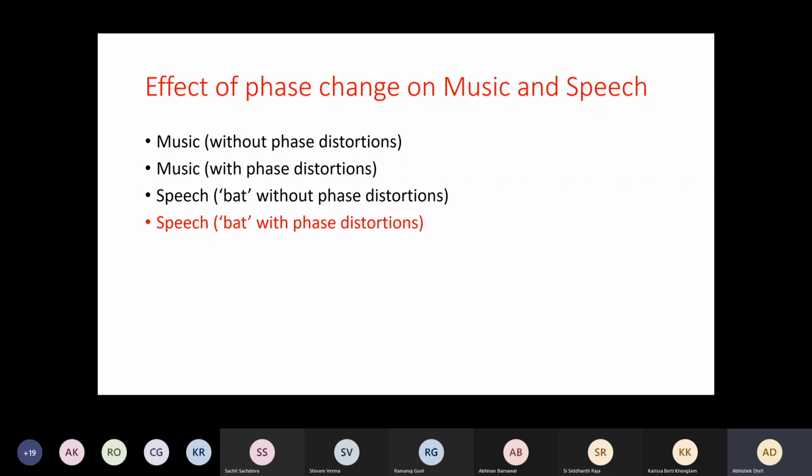You will see very different effects. You will see that images are very sensitive to phase changes, whereas music signals are not. We will continue with this theme in the next lecture.